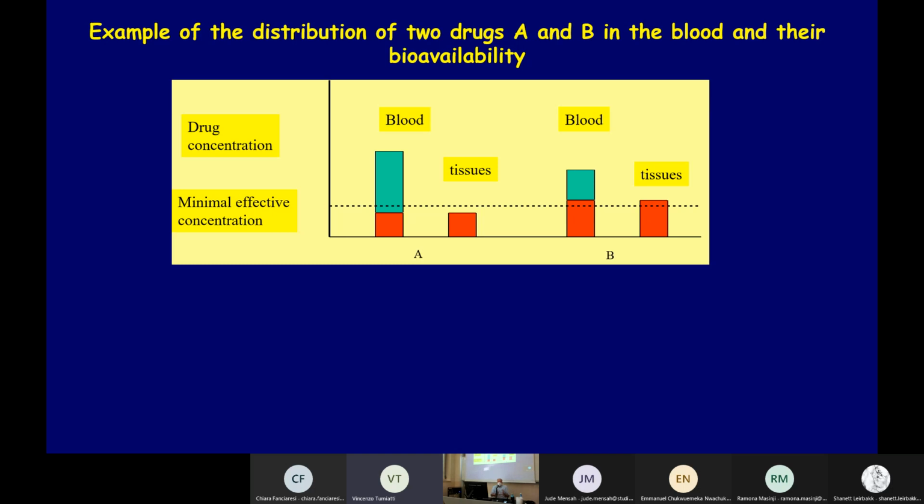So you can have an optimal bioavailability, but if you have a strong interaction with the proteins, so the concentration of free drug is too low, we don't have any therapeutic benefits.